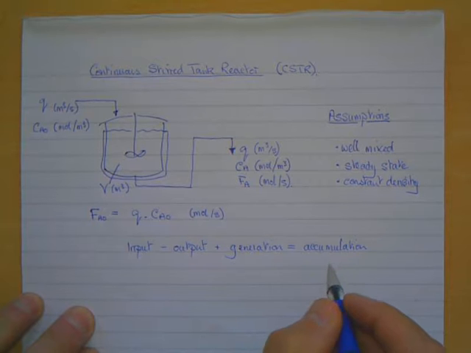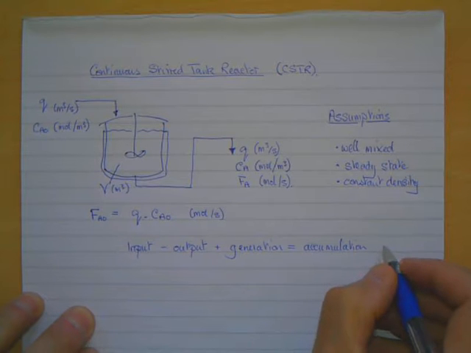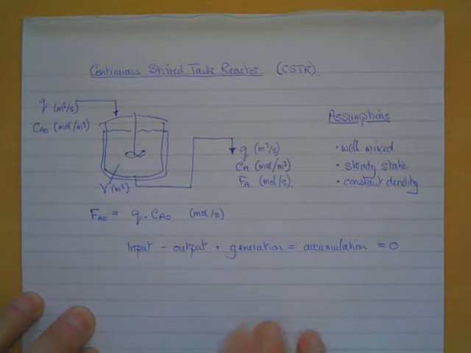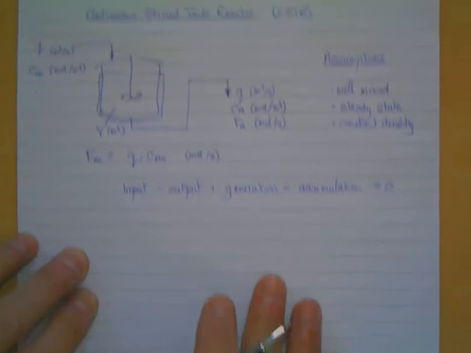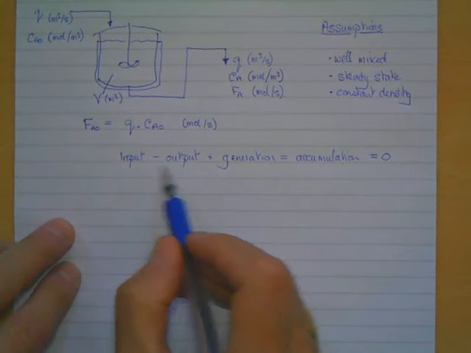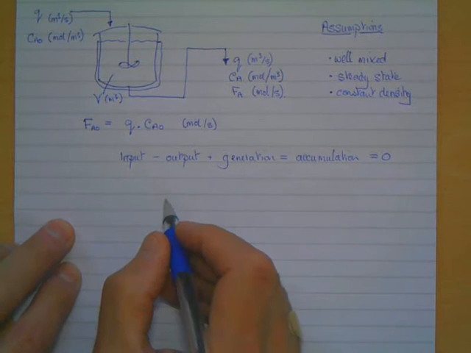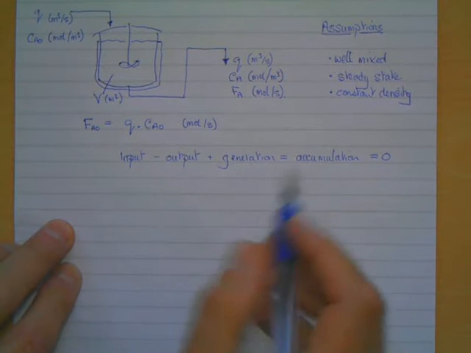Now we've said that we're at steady state and that there's no change in composition with time, so that means that the accumulation actually equals 0. So that tells us that we can sum these three terms and the net result of that should be 0.